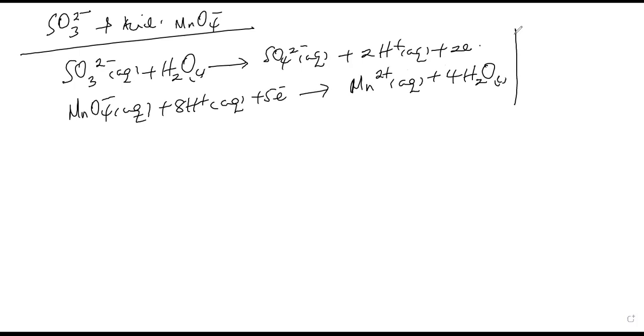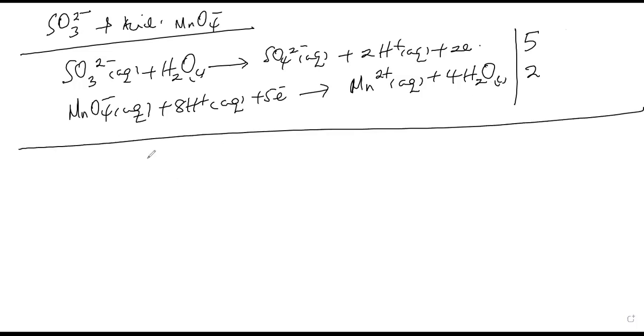Right. What should we multiply? What should I multiply here? You have 2 electrons, you have 5. What should I multiply? 5 then 2. Okay. So the overall equation will become 5 sulfite plus 5 water molecules.